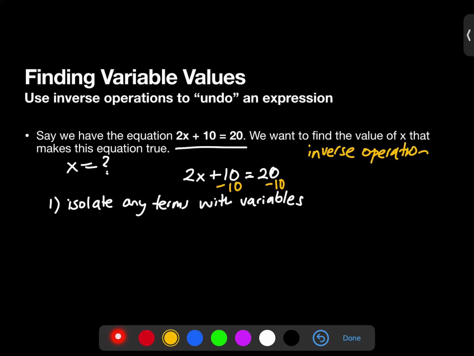So if we do that, we get 2x plus 10 minus 10 equals 20 minus 10. So 10 minus 10 is, of course, 0, and 20 minus 10 is 10. So our new equation right now is 2x equals 10.